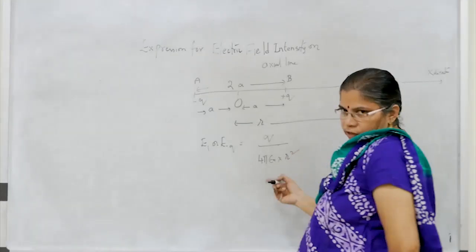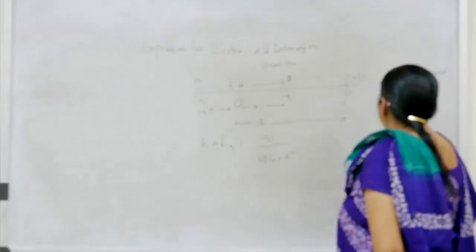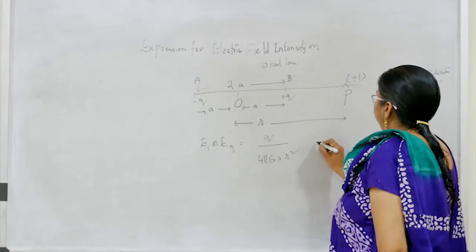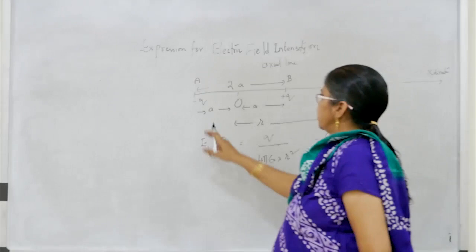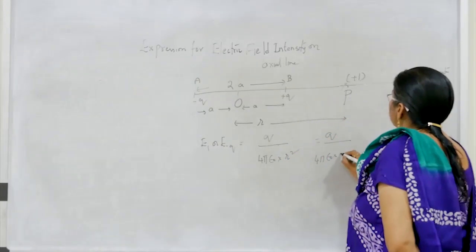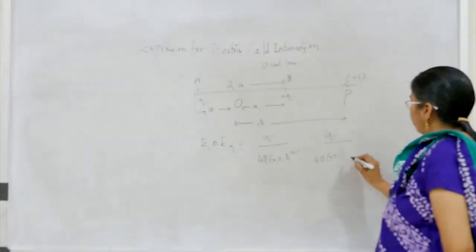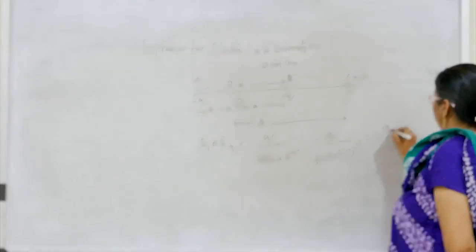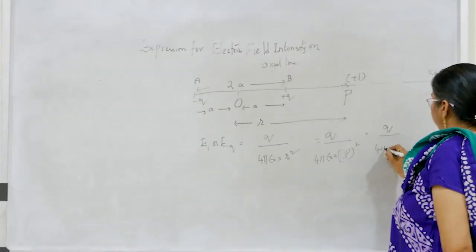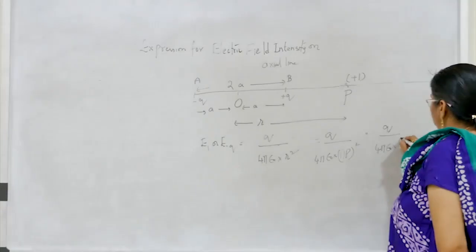I use this formula which I have derived previously. So I take it as Q by 4 pi epsilon 0. I want this distance AP square. So AP whole square. So this is given by q by 4 pi epsilon 0 into AP square.